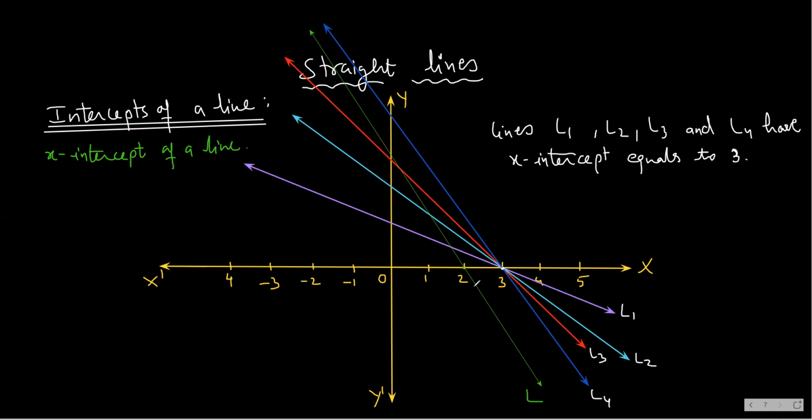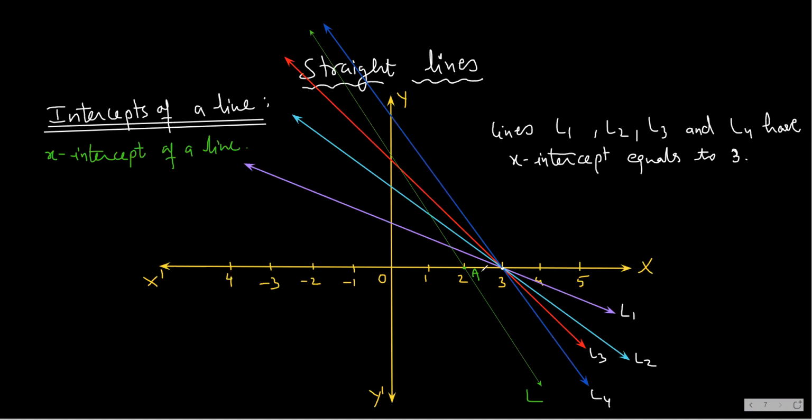Now this point where it is cutting x-axis, let this point be A. I write the point as A. This point is A. Remember, the point is here, and the name of the point is A. So the line L meets x-axis at point A.